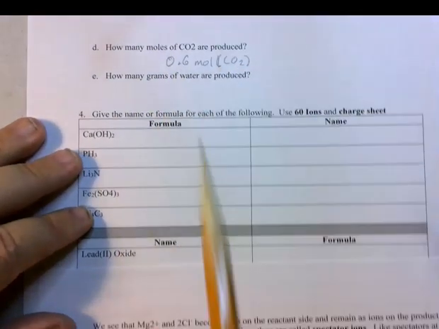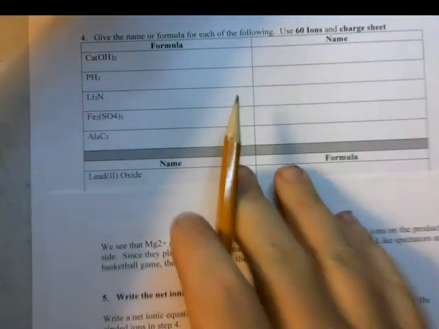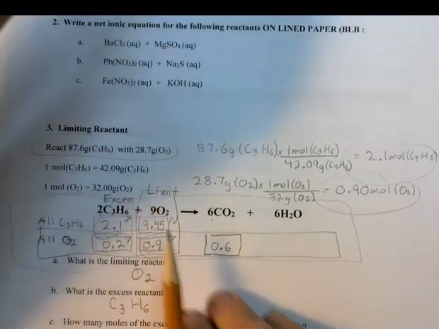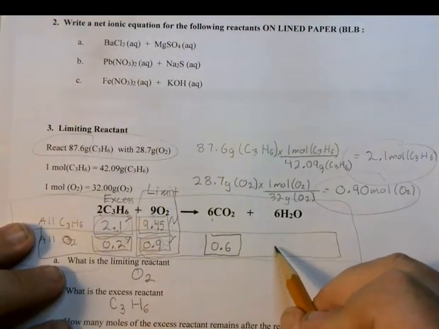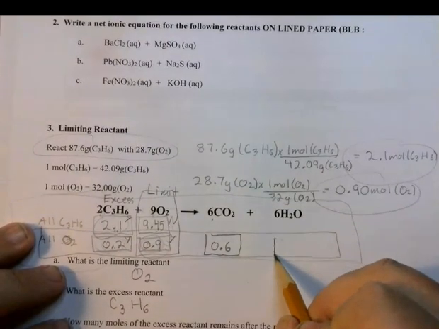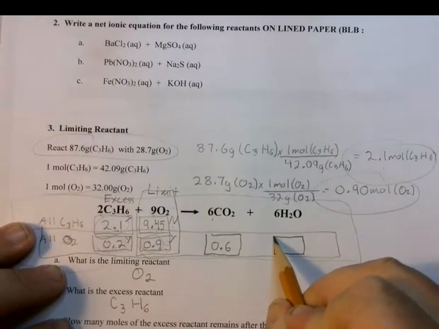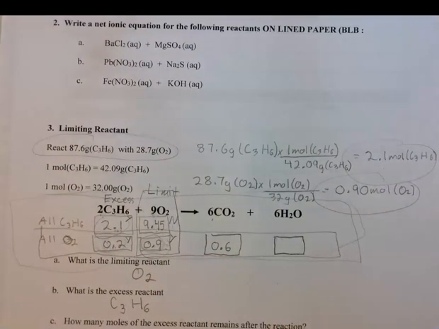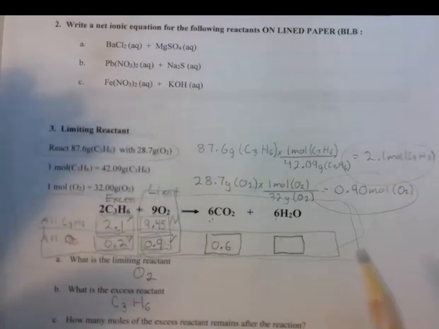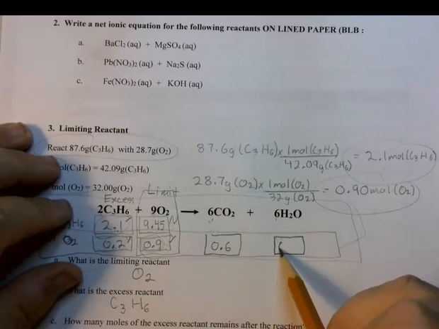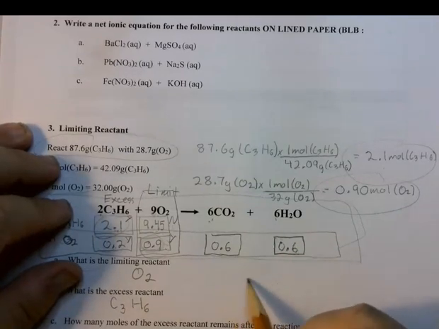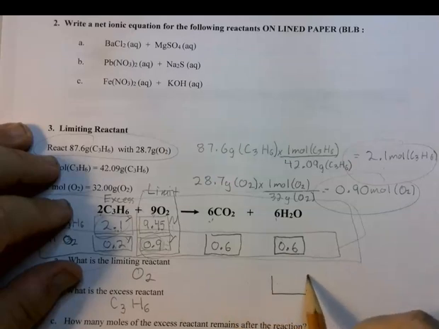How many grams of water are produced? Okay, so we come over here. We first have to convert to moles. So again, we're still in chemical reaction world here, dealing with moles. You see 6 here, 6 here, it's got to be the same number, so it's also 0.6. But now we have to come out into our world. We need a number in grams.